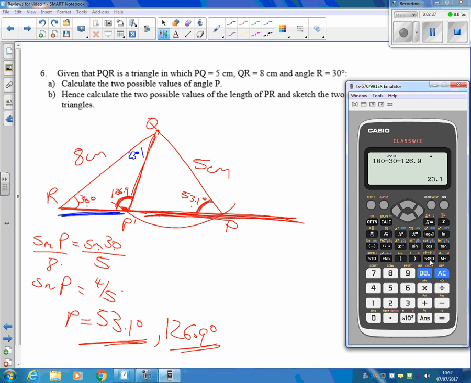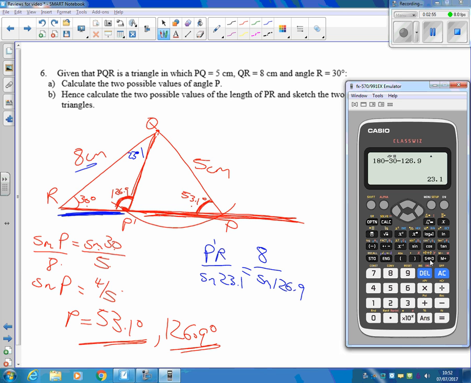And so I'm going to do this one here that we want, P dash R divided by the sine of 23.1 equals opposite side, that one there, 8 over the sine of the 126.9.